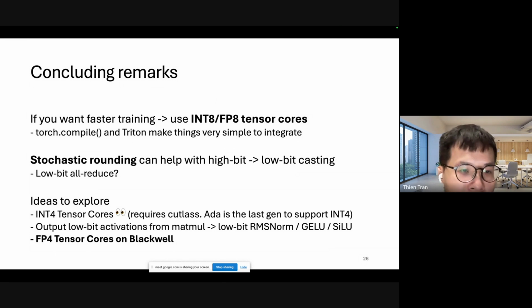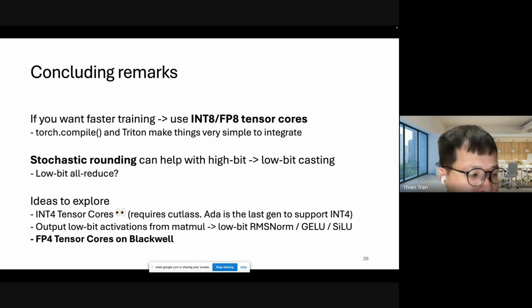Yep, and stochastic rounding, I think, is a very neat idea, and maybe you can push it to many other things, for example, low bit all-reduce. I don't have access to any distributed system, so I'm not sure what the standard is right now. But imagine that when we do training, usually the final step is to all-reduce the gradients to get the gradients on each of the GPUs.